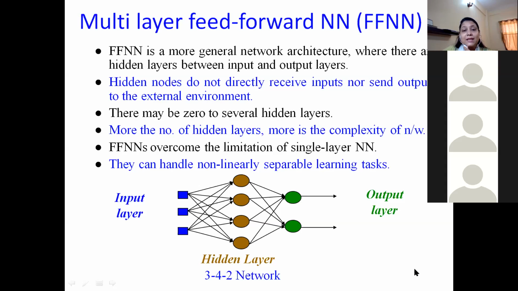So how can we measure the complexity of the neural network in the case of a multi-layer feed-forward network? We can increase the complexity of the network by maximizing the number of hidden layers and incorporating more hidden neurons in the hidden layers, because all the computation takes place in the hidden layer.